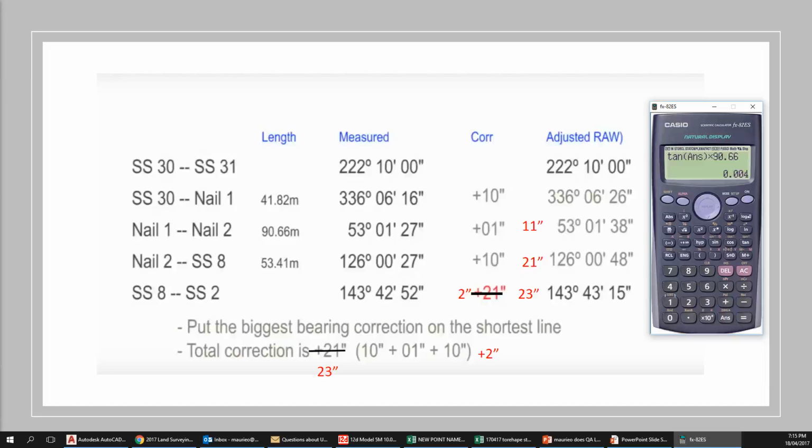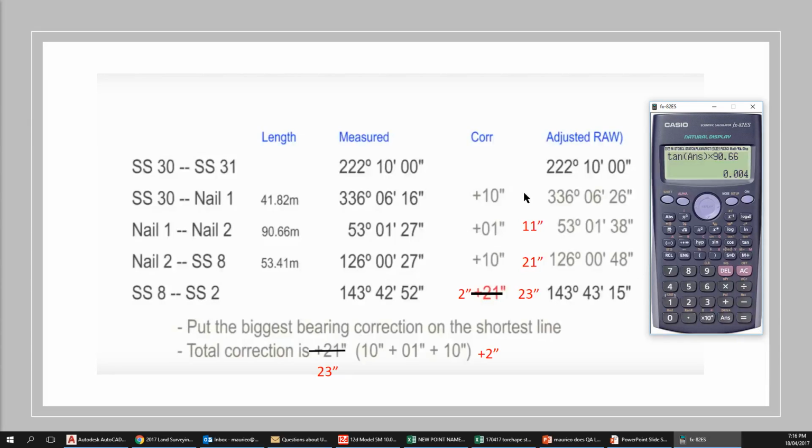This also tells us that when we're traversing, we try to keep the lines as long as possible, or particularly around the same length. We don't want some very long lines and then one very short line, because the very short line can have quite a big effect on our bearing accuracy.